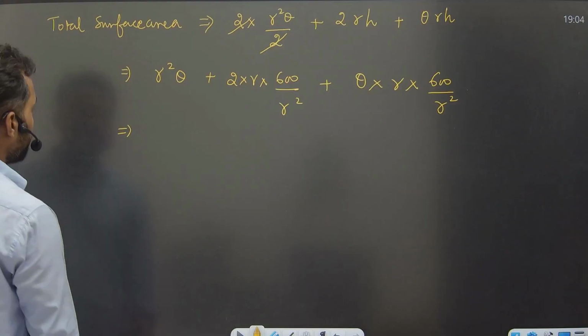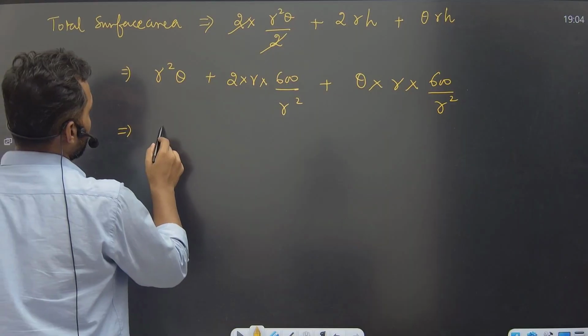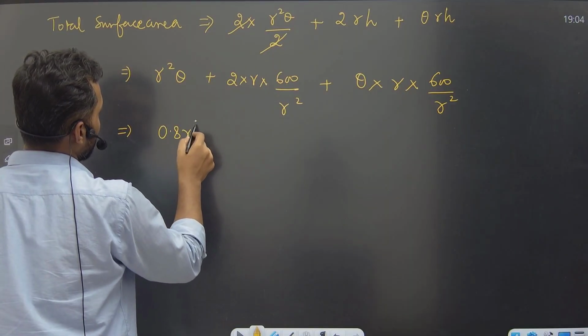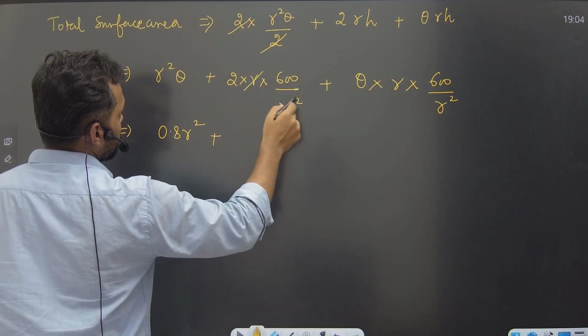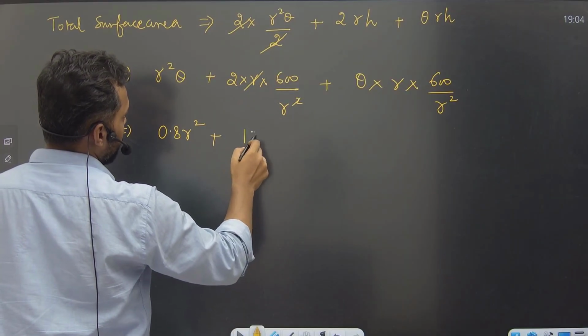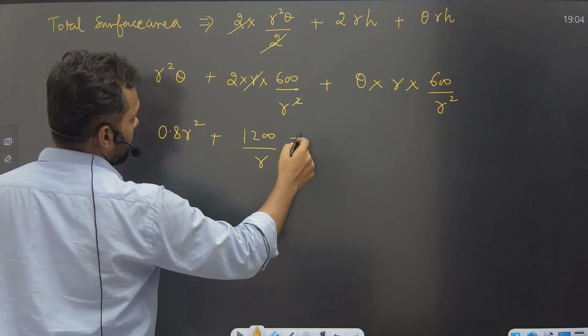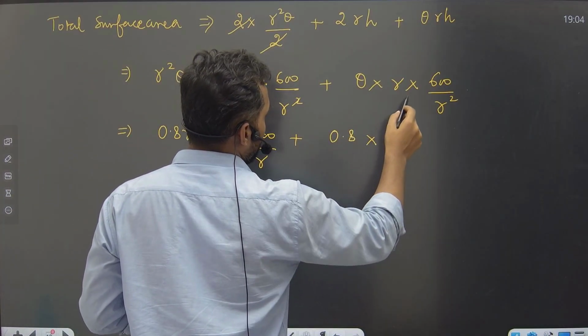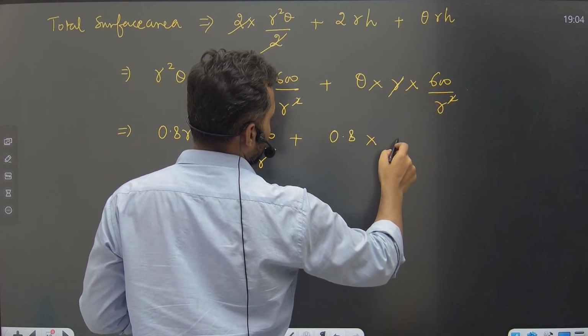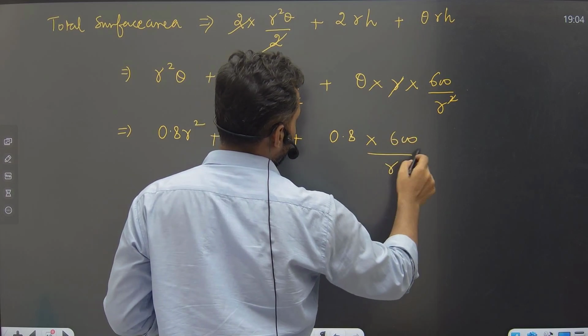That is 0.8 radian. So we will get 0.8 r square plus 1200 by r, plus 0.8, and this r got cancelled, so we are getting 600 by r.